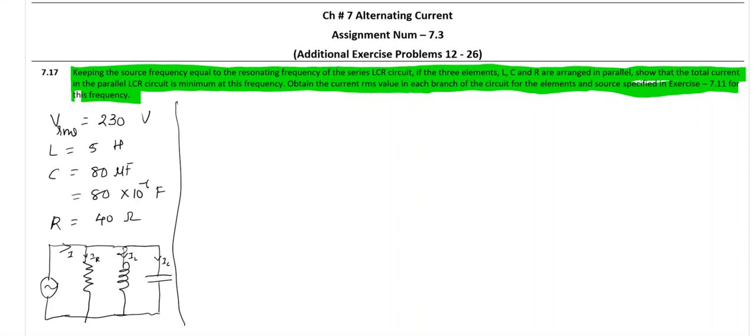So what we can do is, we know that phasor of current passing through resistance, if it is taken as reference, the current in, let me put it again.